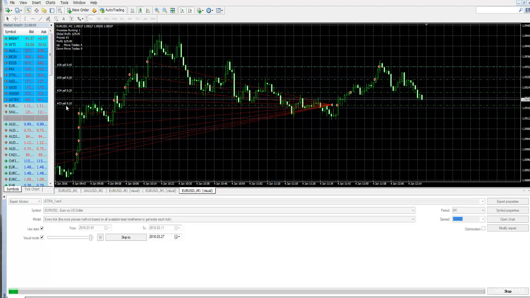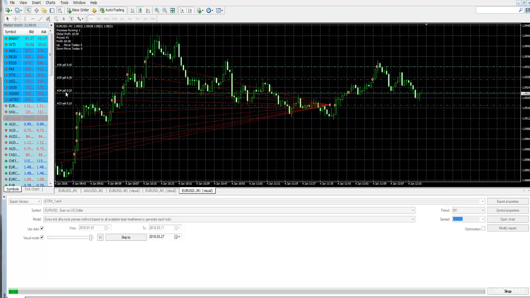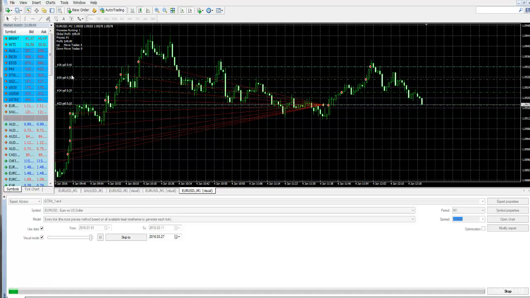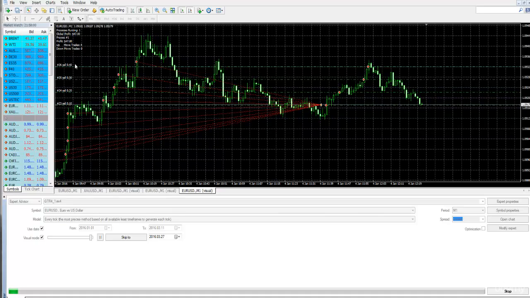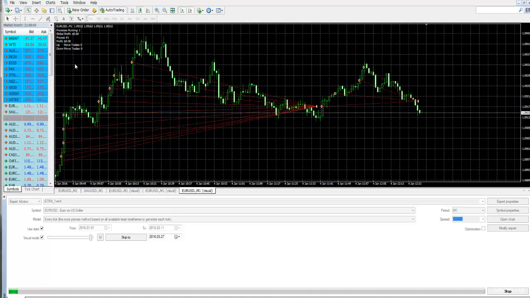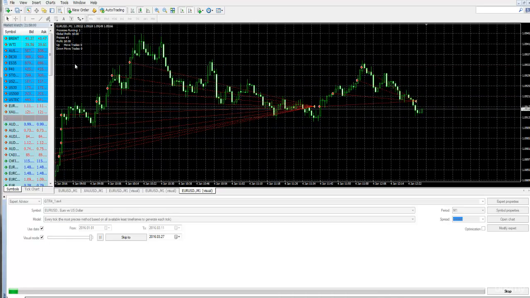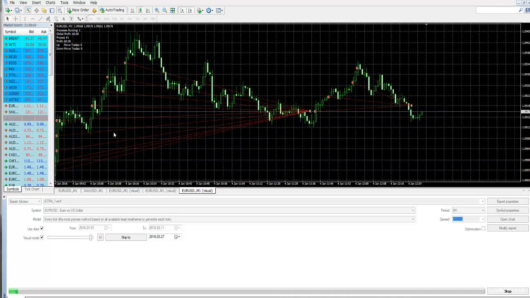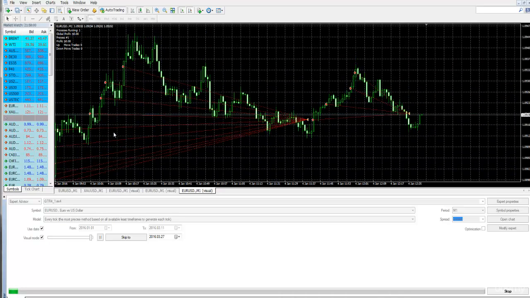Again, went up and opened 0.1, went up, hitting the second layer, opening 0.2, and so on and so forth. Oops. Okay, now also hit the take profit, and all trades are closed. The EA restarts.